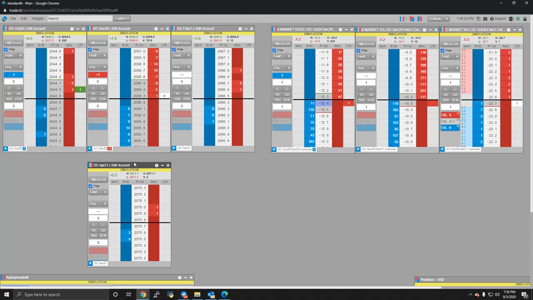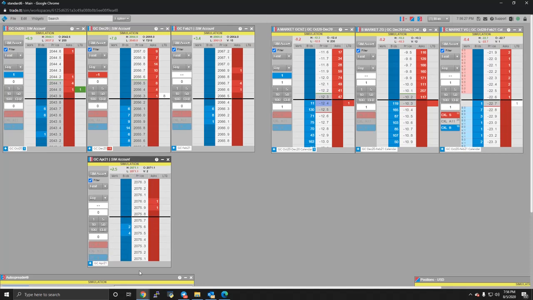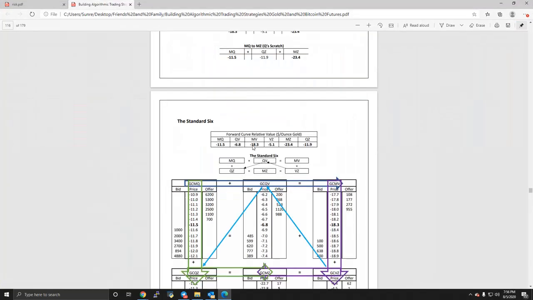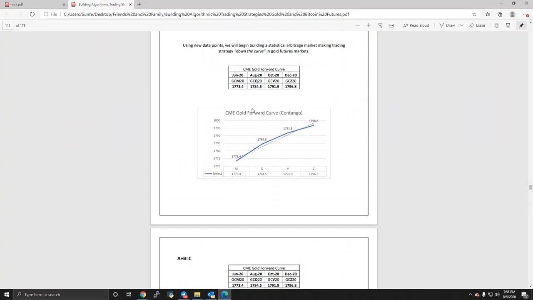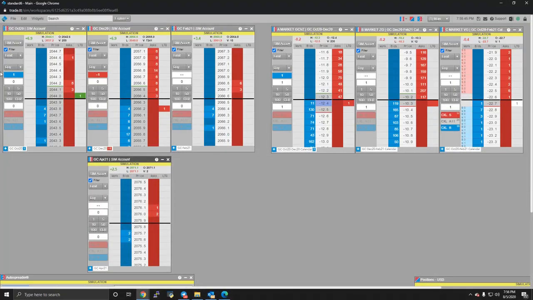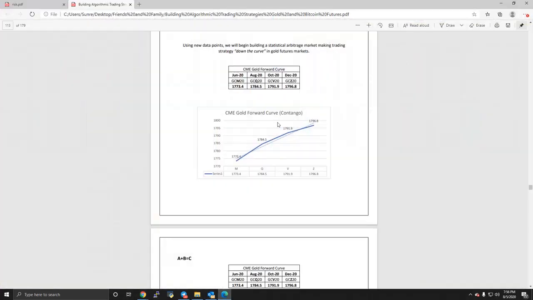Let's try to make this a bit bigger. Alright, so now we have our October outright, our December outright, our February outright, and our April outright. Just to jump back to the book real quick, what we're doing is creating a forward curve here. In the book we use MQVZ. In this live simulation we're using VZGJ, but the principle is the same.